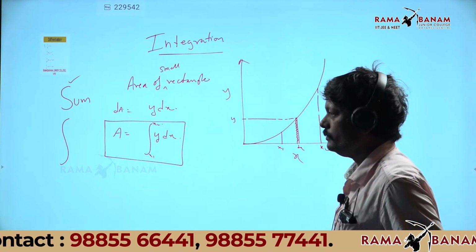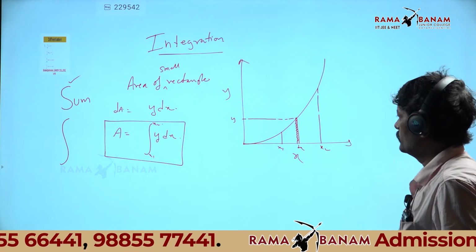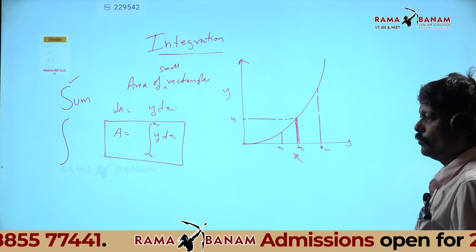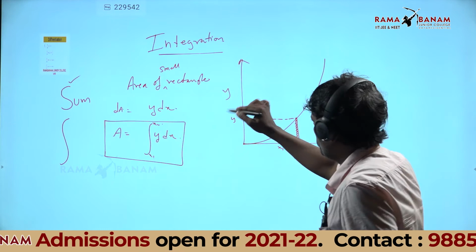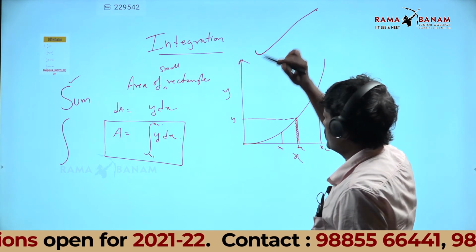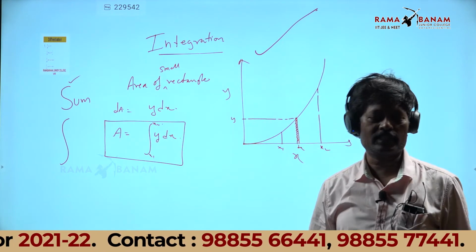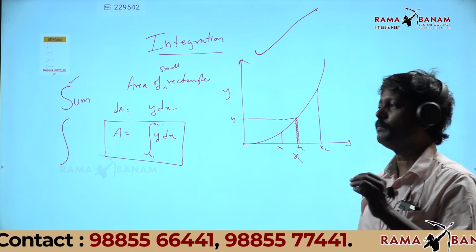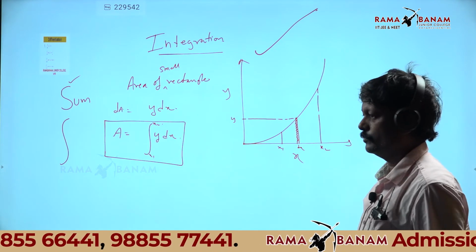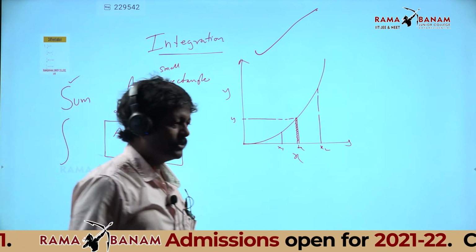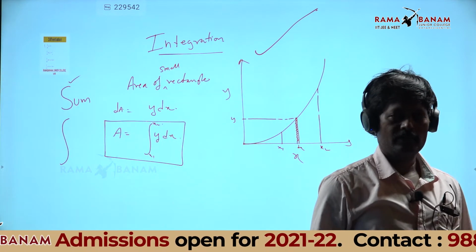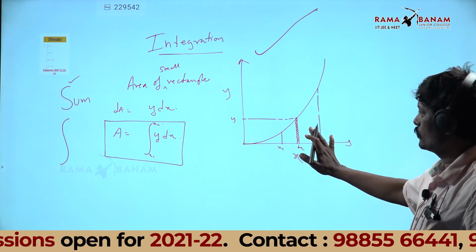So why I am just keeping this on the board for a long time is, this is the base. If you don't understand this, the remaining part will become Latin for you. So this is the most important part which you should understand.